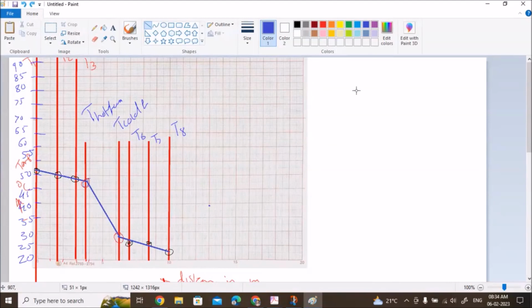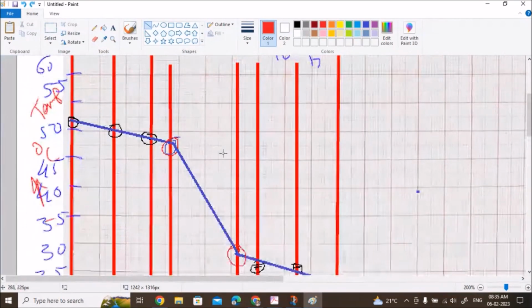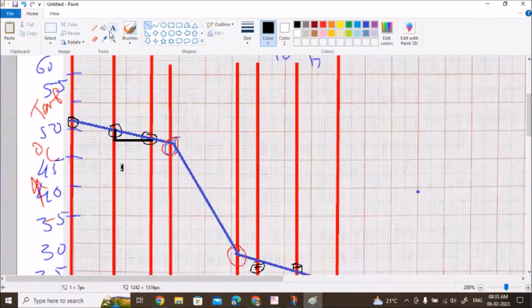Choose any 2 points on hot section and find out thermal conductivity by graph by slope. So this is delta x. So here I can draw the horizontal line between dx is equal to 0.01 and dt is equal to T2 minus T3.